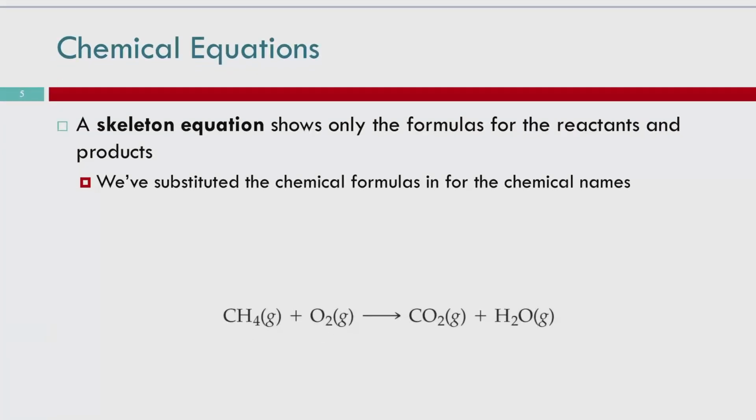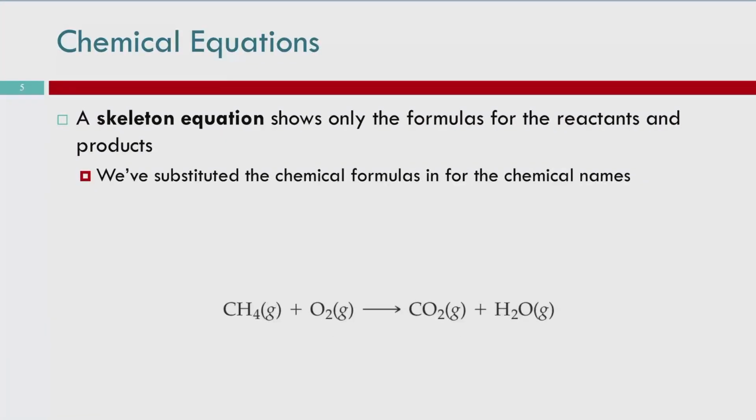We've got a couple types of chemical equations as well. So we've got a skeleton or skeletal equation. And our skeletal equation only shows the formula for the reactants and the products, just the formulas. Another way of talking about it is our skeletal equation is the bare bones.